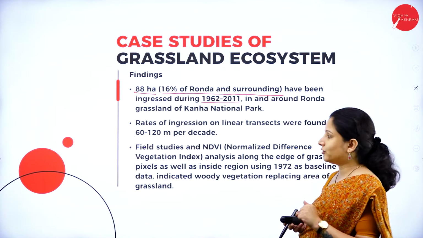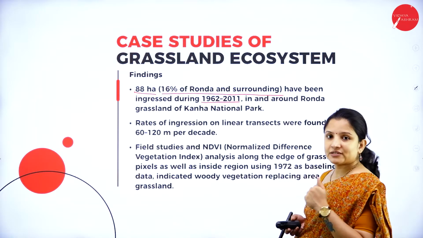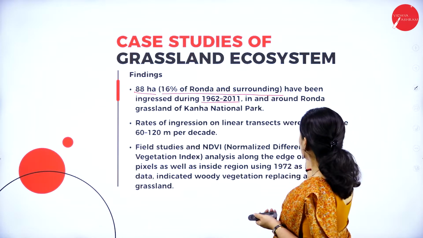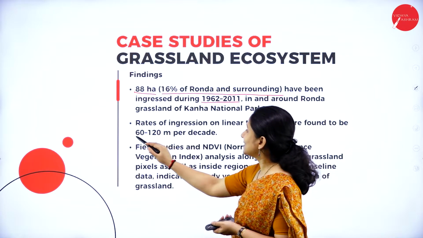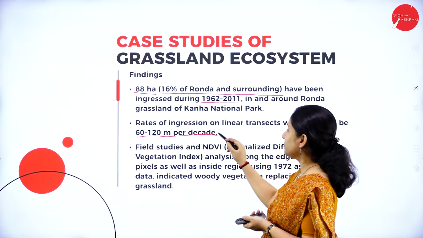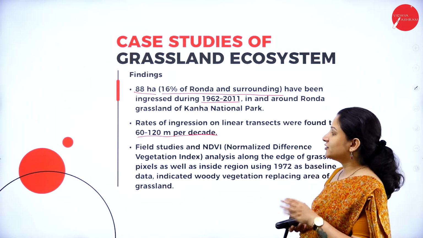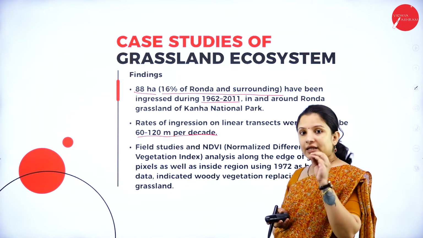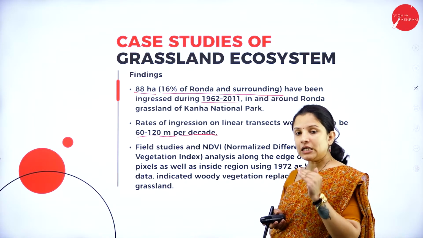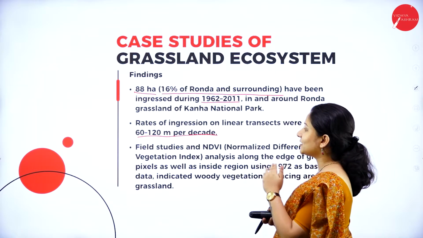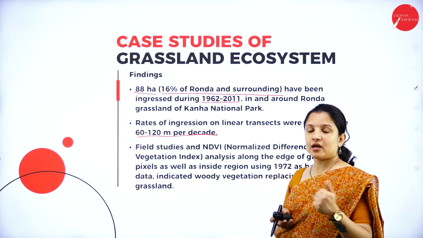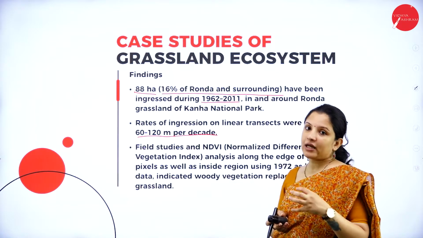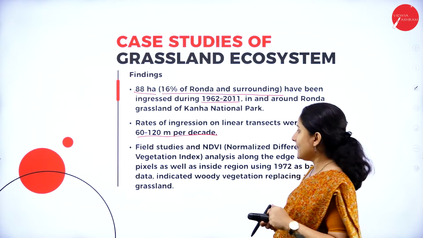And the rate of this ingression or decline in the grassland area was found to be 60 to 120 meters per decade. So 88 hectares was for 50 years; per decade, that is per 10 years, 60 to 120 meters of grassland was shrinking. It was being lost from Kanha National Park.